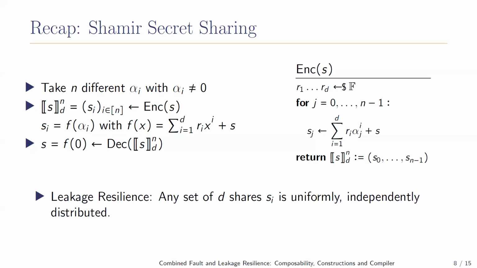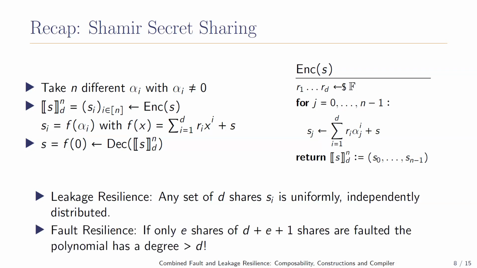This gives us the d-wise independence of d shares due to the randomness of the polynomial, and also the fault resilience, because when we have d plus e plus 1 shares and we can only fault e values, this automatically leads to a polynomial with a higher degree than d, and we can detect the faults.